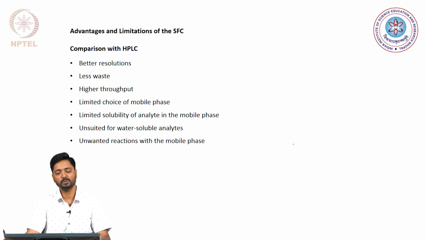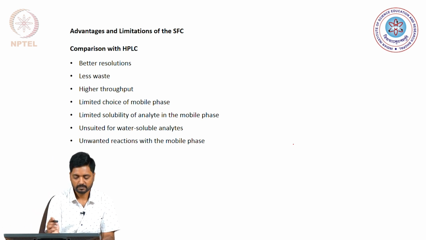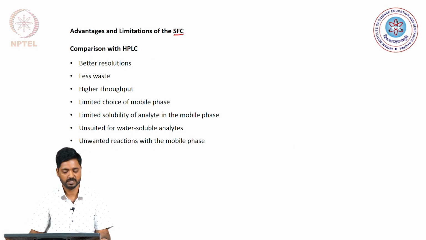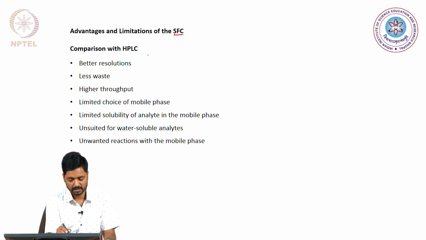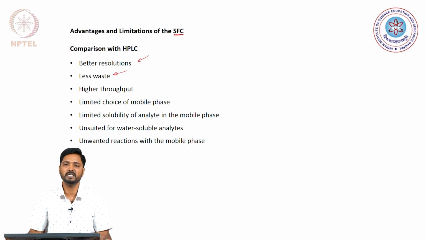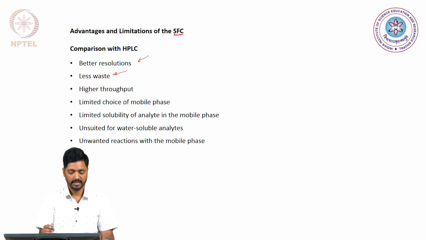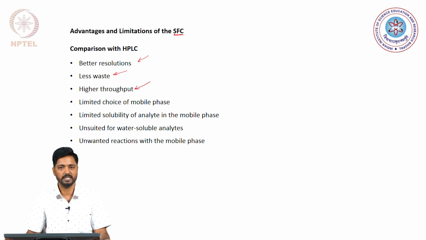So, compared to HPLC, the supercritical fluid chromatography, which is abbreviated as SFC, results in better resolutions, less waste, because another advantage with regards to the supercritical fluids is that one can convert them from the supercritical phase to a gaseous phase by change of temperature and pressure. They also result in higher throughputs because the flow rates are much higher.